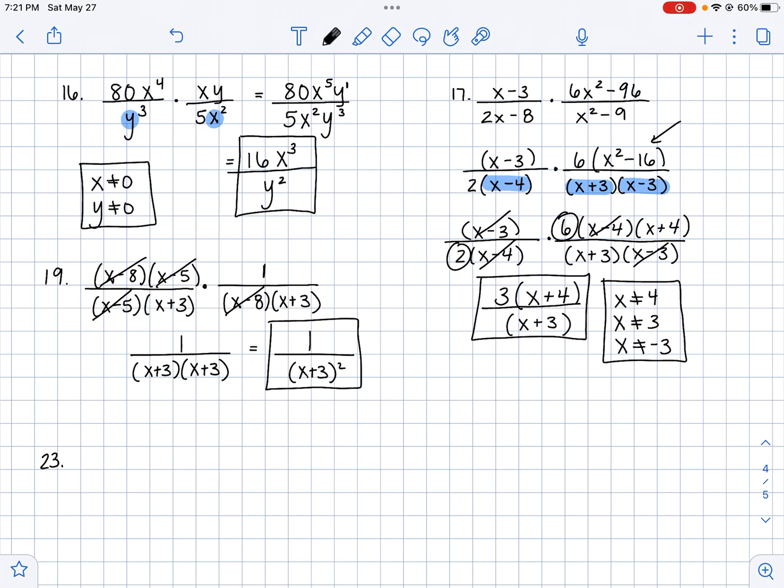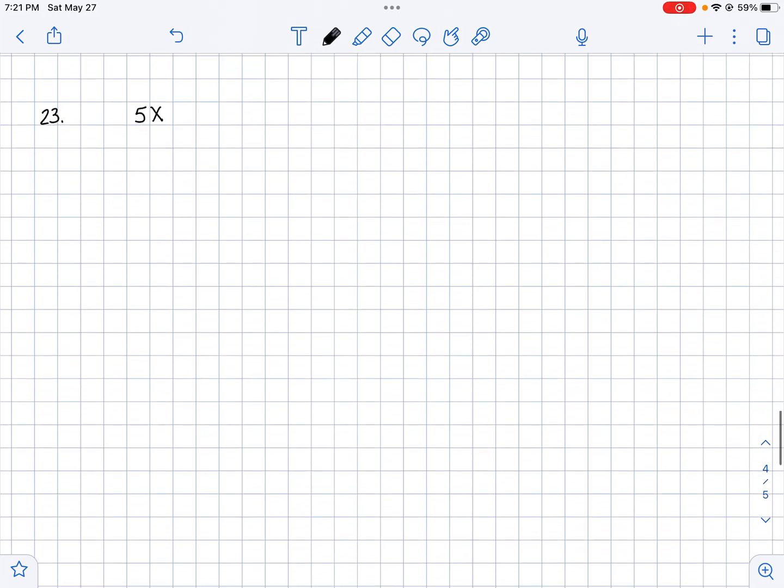23. Okay, looking at number 23, we're adding. So remember, when we add or subtract, we need a common denominator, so that's something to keep in mind. So I get 5x over x plus 8 plus 4x minus 9.